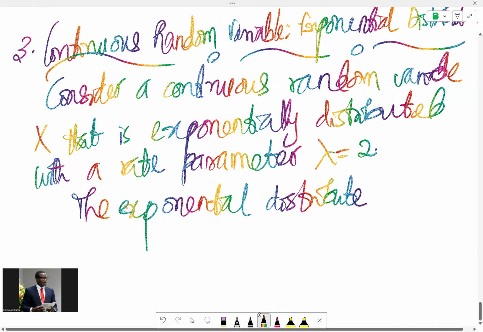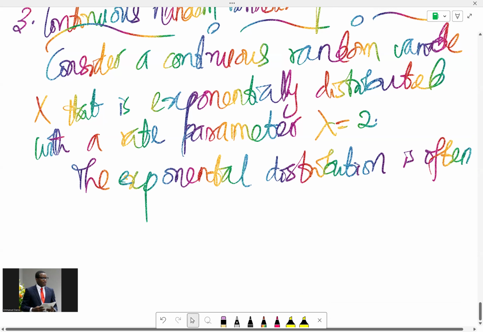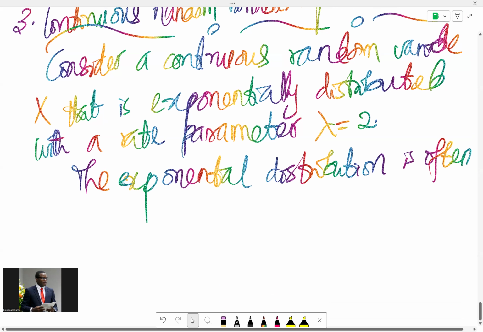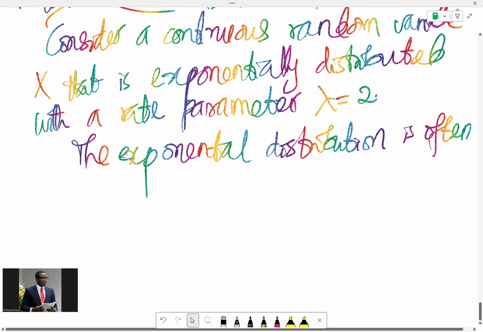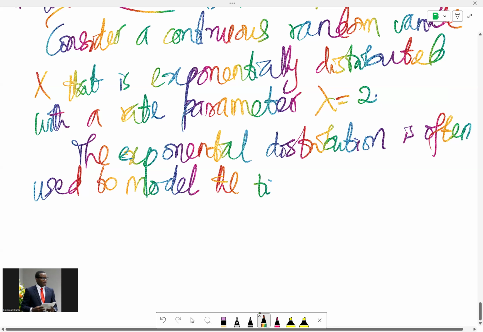The exponential distribution is often used to model the time until an event occurs.